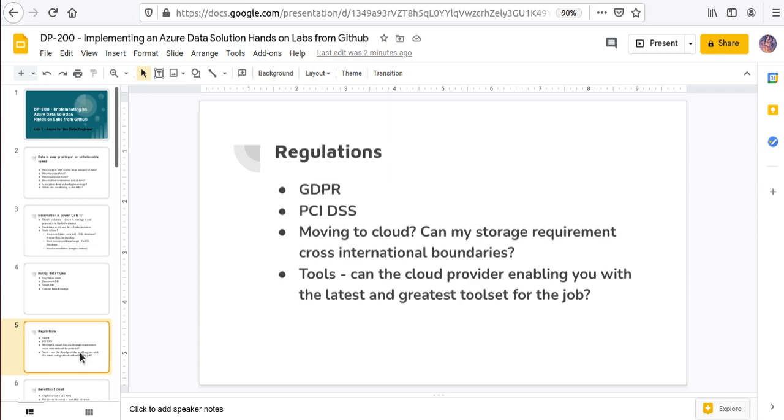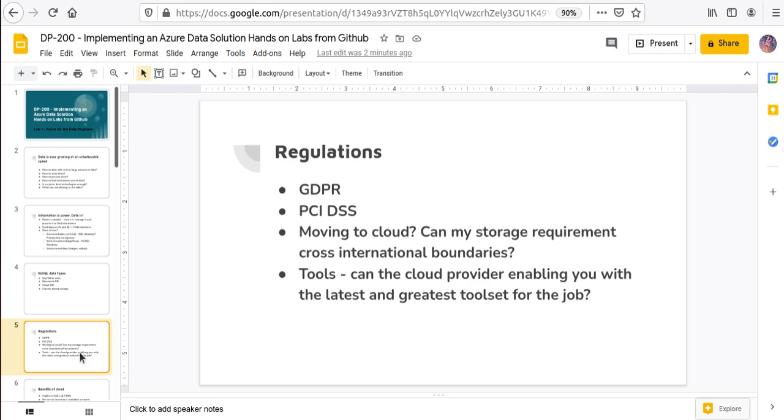Because in the cloud, when you are asking for storage, you do not know for your application what the actual data centers are where your data will be replicated. So you have to be very careful and make sure that you understand that when you're moving data, you are actually meeting your regulatory standards.